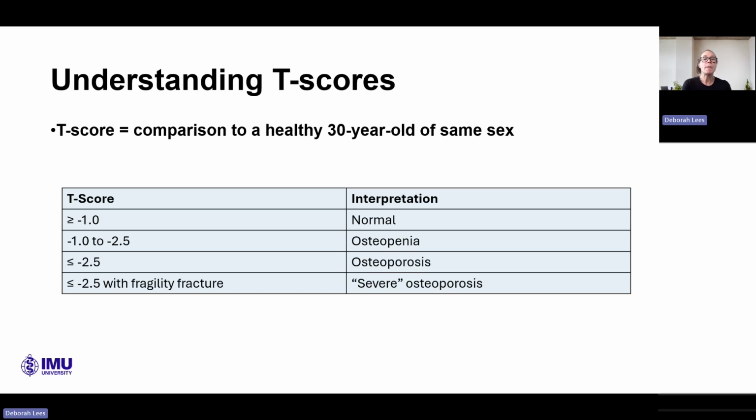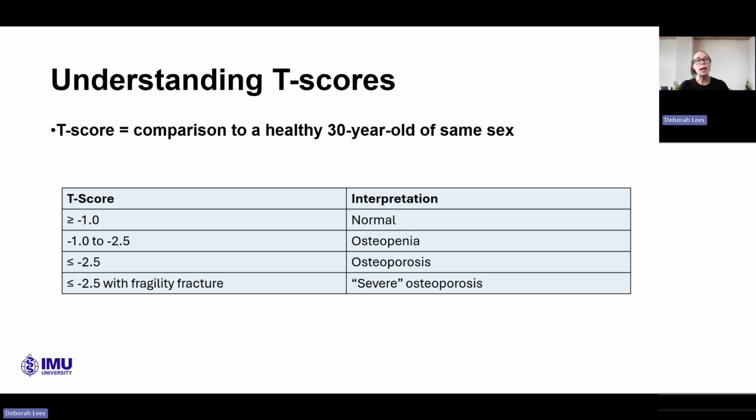When you start going from -1 to -2.5, you're into osteopenia, so you're now below the reference ranges. It should actually be -1 to -2.4. Once you hit -2.5, you're now into the osteoporosis zone. So if the number is less than or equal to -2.5, you're well into osteoporosis.